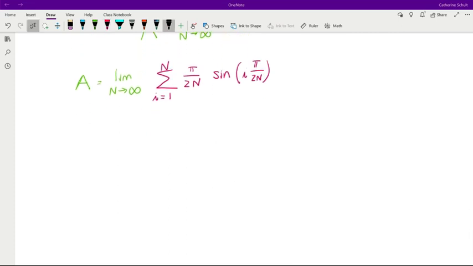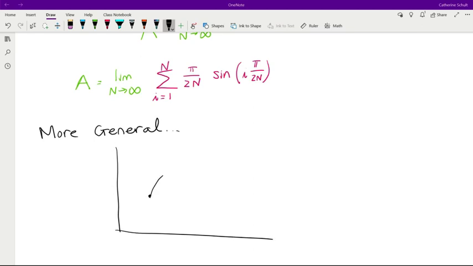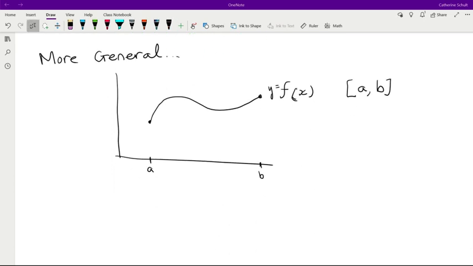Let's make it more general though. So now we know how rectangles can lead to that area. Let's look at something more general. So instead of sine, let's say our favorite, just f of x, y equals f of x. And then we'll go on the interval a to b. Okay, so we're going to get little n rectangles.